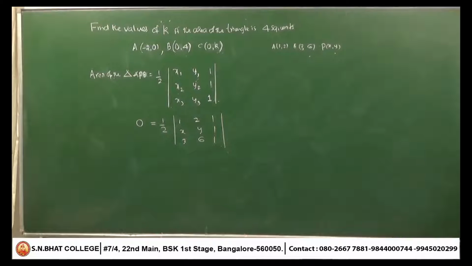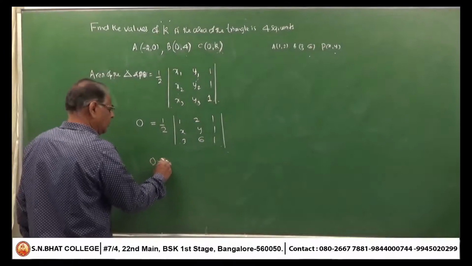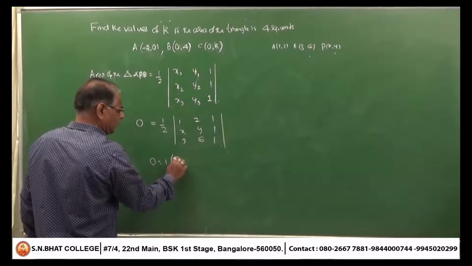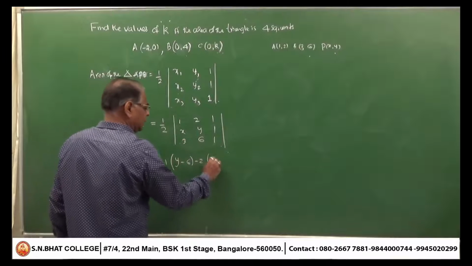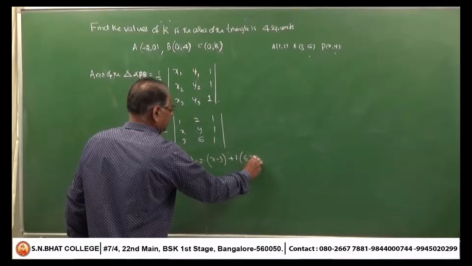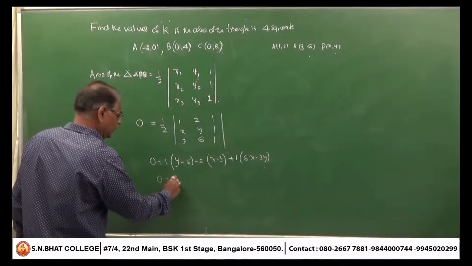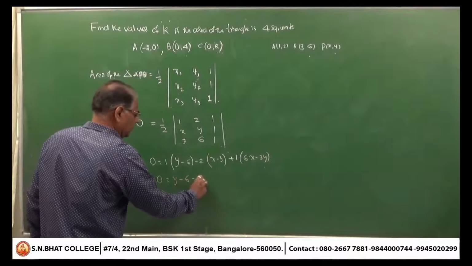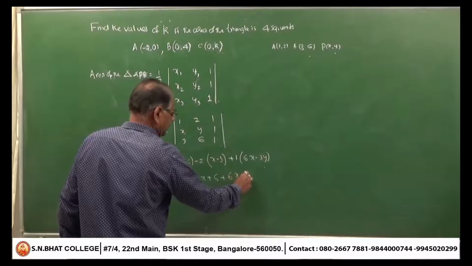Now find the equation of this straight line. Cross multiply, left hand side is 0. 1 into (y minus 6) minus 2 into (x minus 3) plus 1 into (6x minus 3y) is equal to 0. So 0 is equal to y minus 6 minus 2x plus 6 plus 6x minus 3y.